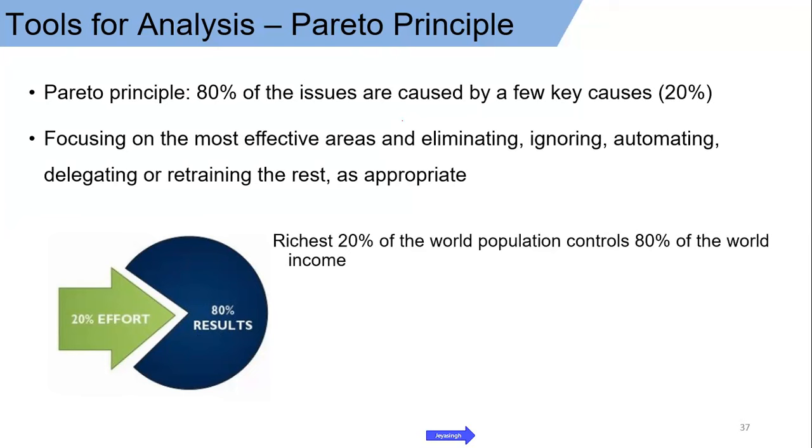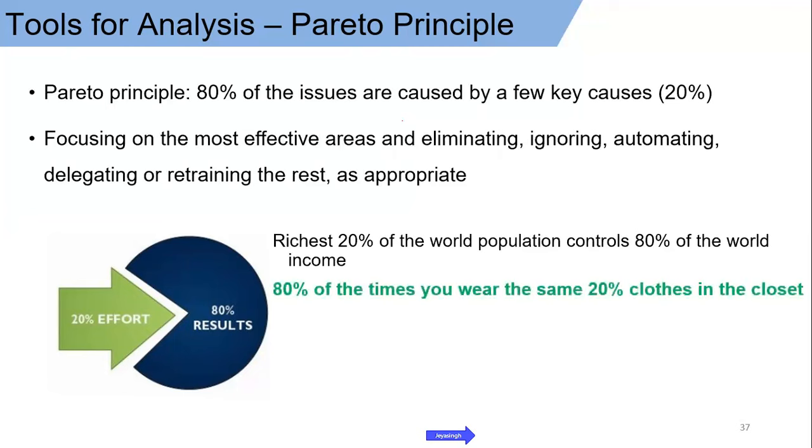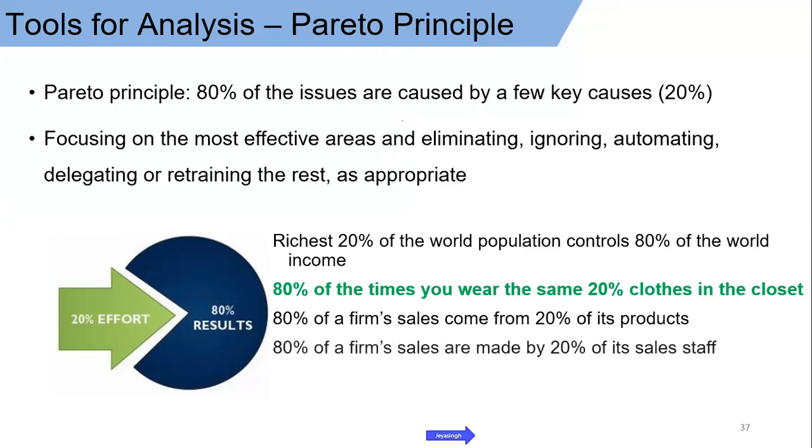Some examples of the Pareto principle: 20% of the world controls 80% of the income of the world. 20% of the world is controlling 80% of the riches. 80% of the time you reach out for the same 20% of the clothes in your wardrobe or closet. 80% of a firm's sales come from 20% of the products. 80% of the sales are made by 20% of the sales force.